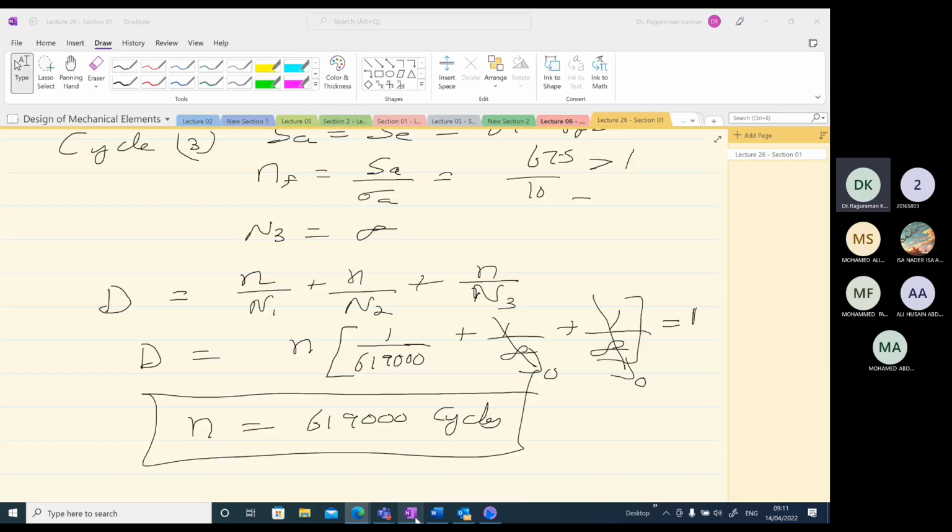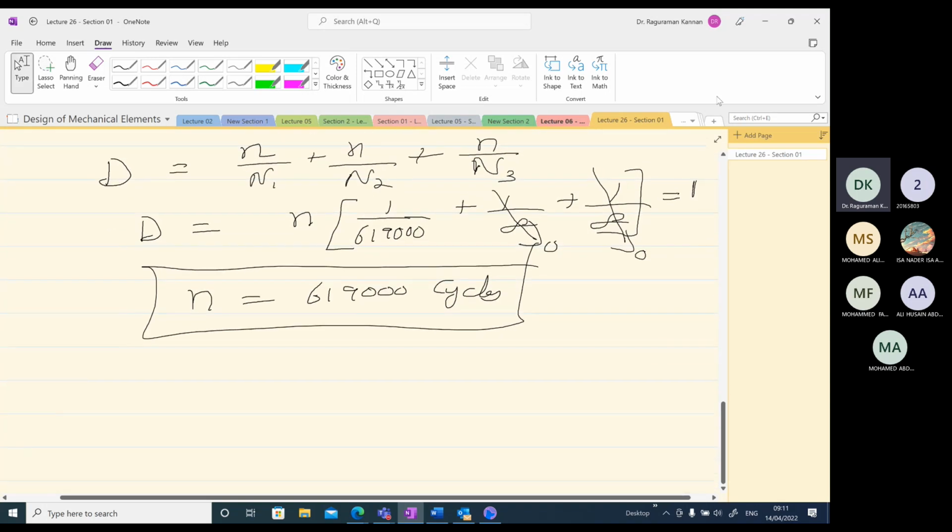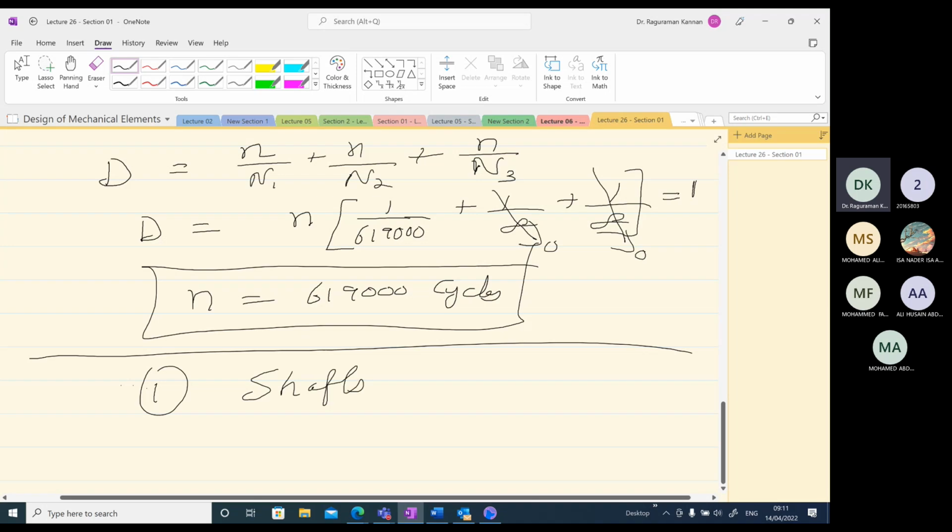Shafts, fasteners, and springs. I think we will go in a certain order. So with respect to applications: design of shafts, springs, and fasteners.